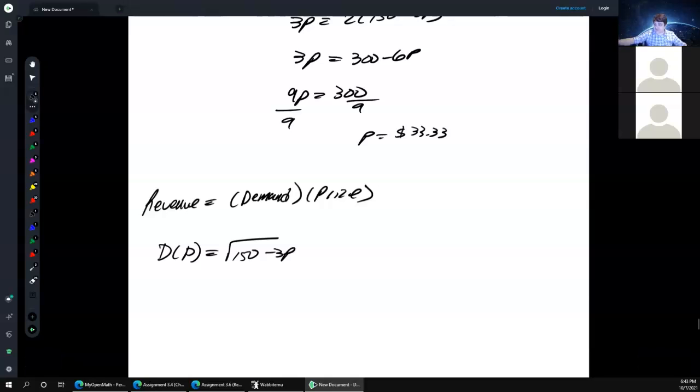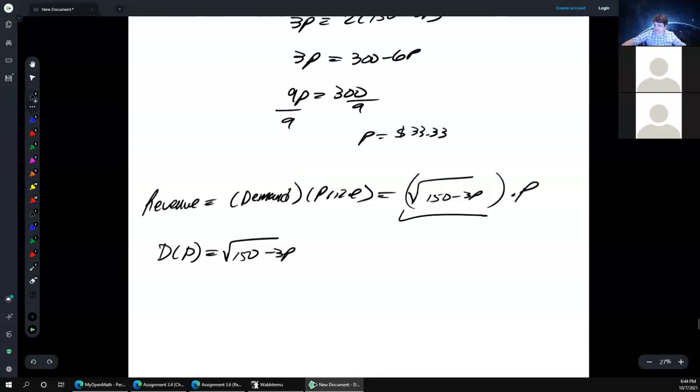So there are kind of two ways to think about this. There's an algebra way to think about this, which is in general, the revenue is just going to be this demand function times the price, which we're just going to call p. Because this is going to tell me how many units we're selling, and this is telling me at what price are we selling those units. So all we're going to do is just take this equation and we're going to let the price equal $33.33.